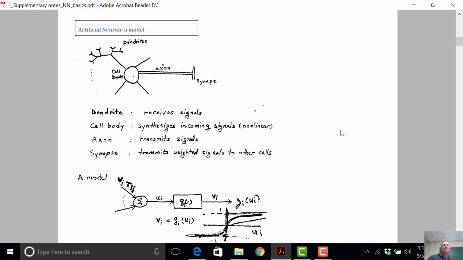So V sub j here is the rate of firing, let's say, or the probability of firing from other neurons, the jth neuron. Going through the synapse, we represent it simply, in this case, as a transformation of that rate to some quantity, and in the simplest form, we just scale it, which we call a weight. If you really want to be authentic about it, you could say this is not just a scaling factor, this is a transformation of some sort.